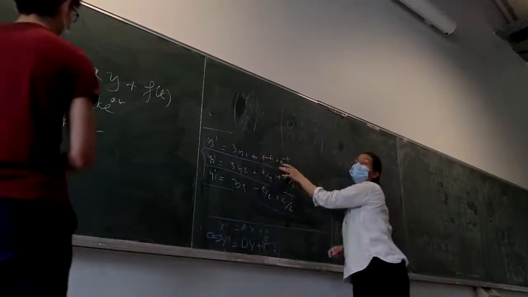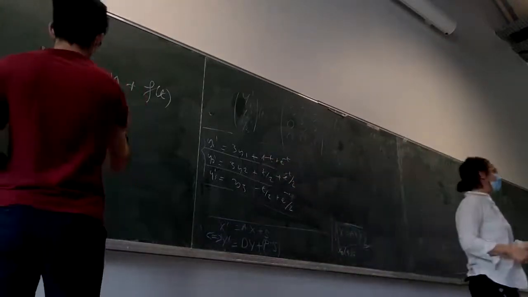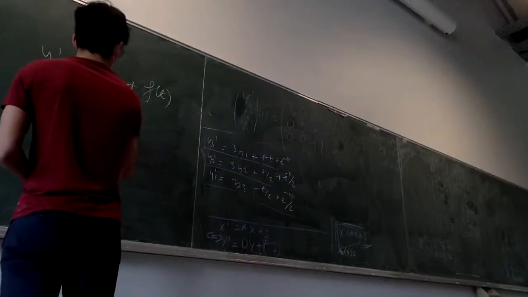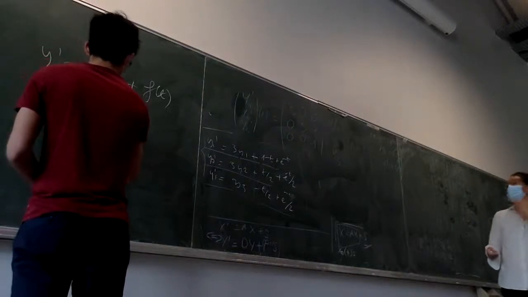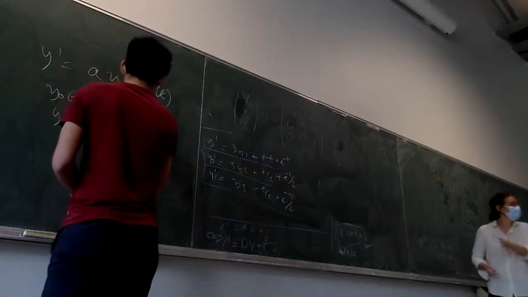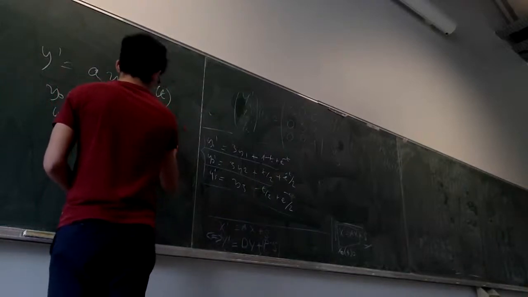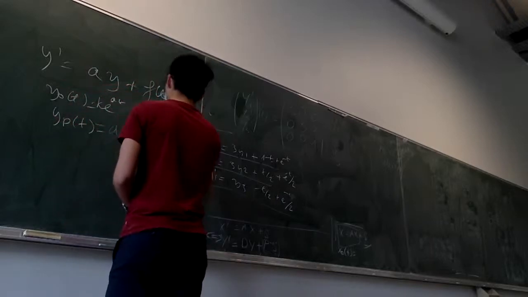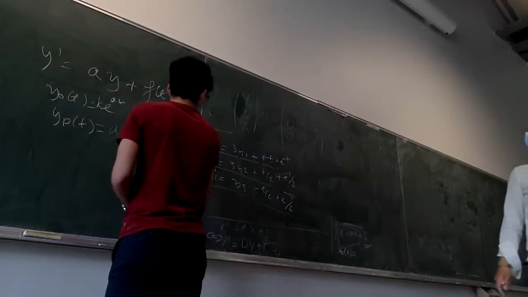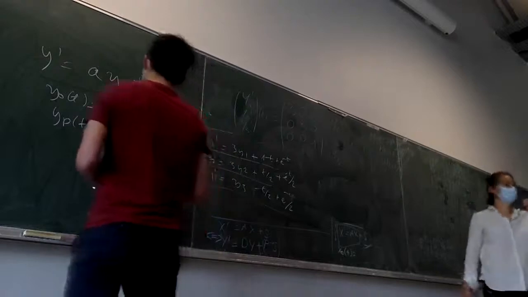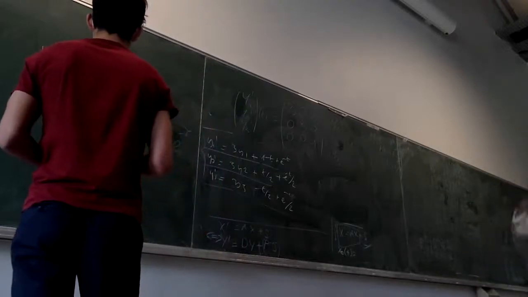We've got polynomial plus exponential, so we can look for a polynomial of degree 1, something written as at plus b, or whatever letters you want, plus a constant times the same exponential. Then we plug that in the equation and just identify what's happening.